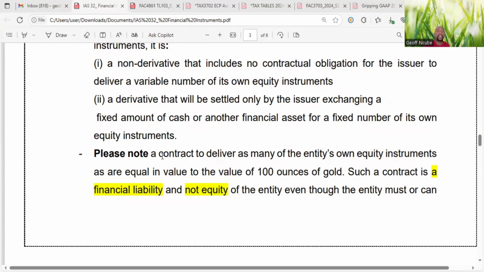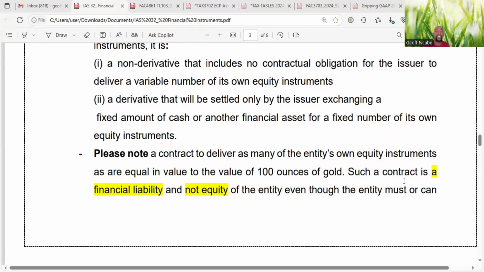Let me be quick in reading this part on the notes. It says, please note a contract to deliver as many of the entity's own equity instruments as are equal in value to the value of 100 ounces of gold, as an example. So in that example, you're trying to match 20,000 rands.